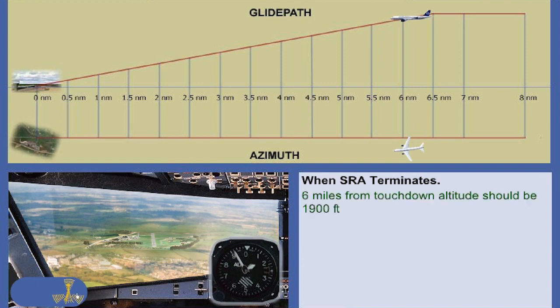6 miles from touchdown, altitude should be 1,900 feet. Oxbow 345. Slightly left of track, turn right, heading 270. Heading 270, Oxbow 345.